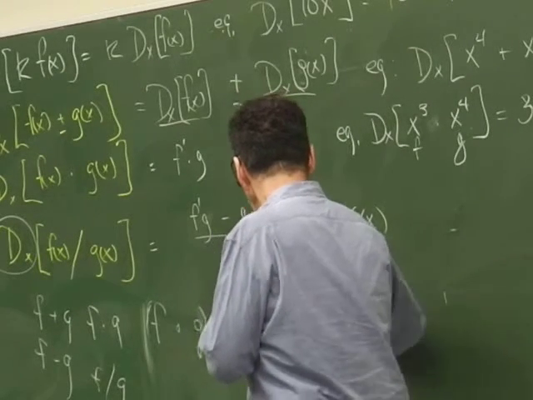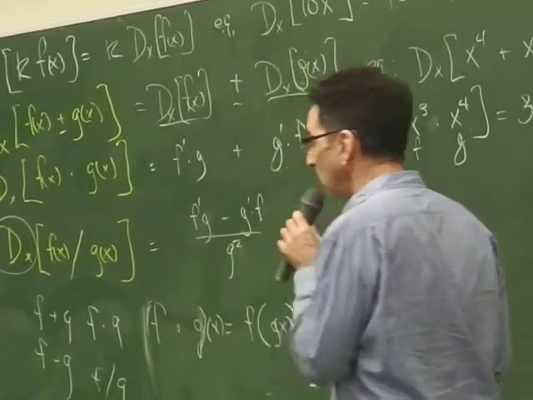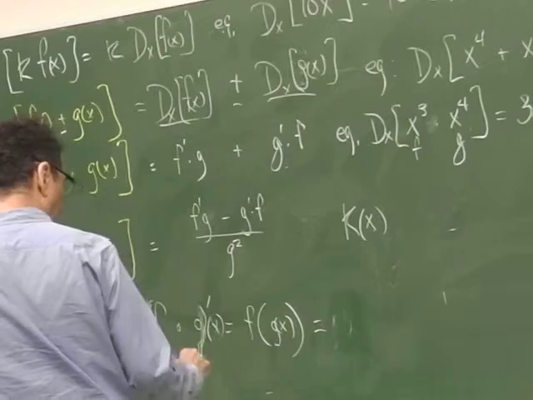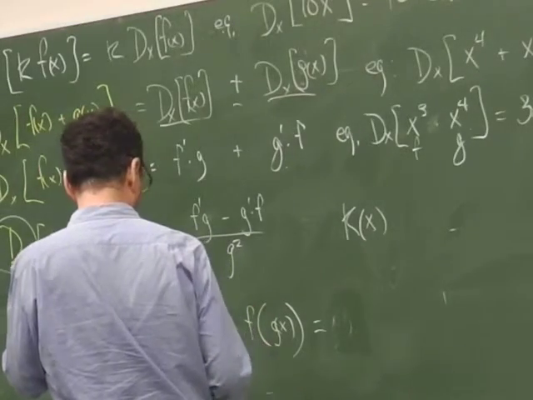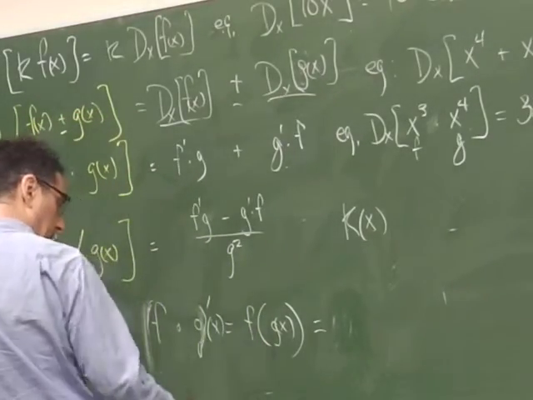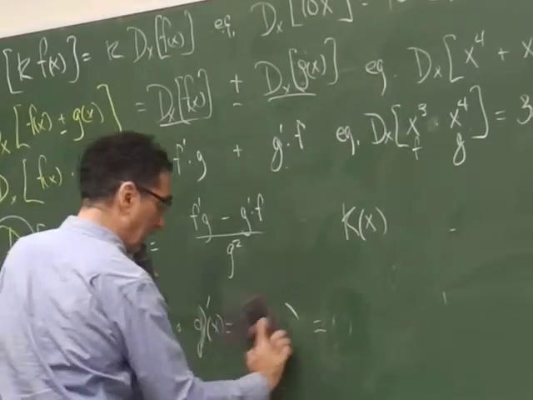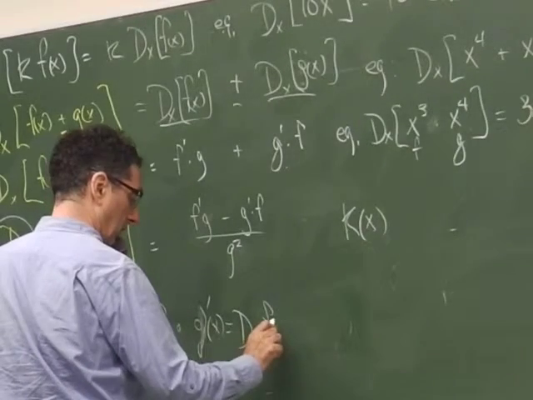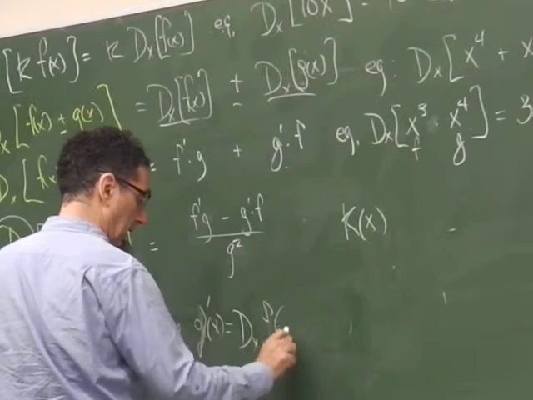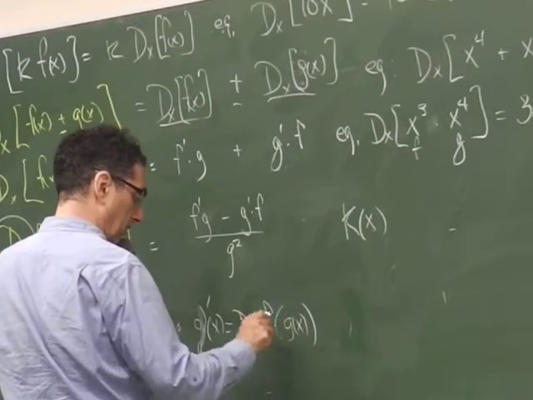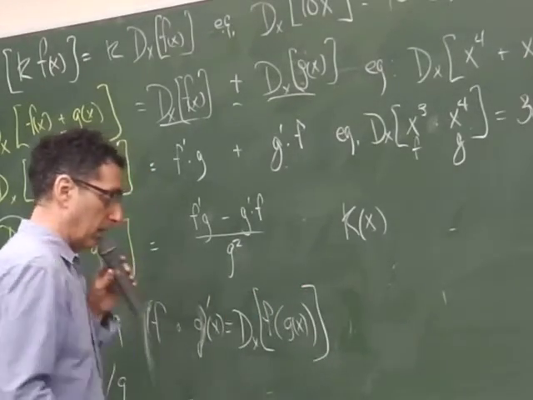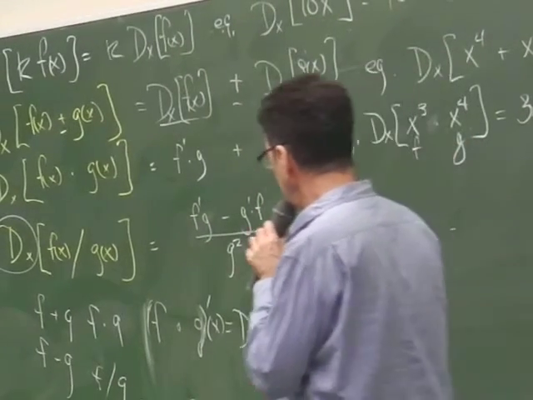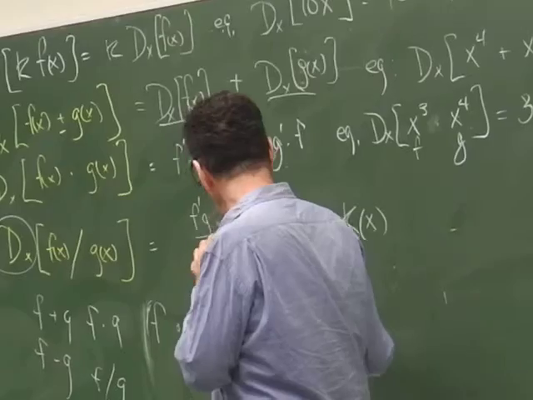Oh, I didn't give you the rule yet. So what's the rule for the derivative of that? Either way, you can write it like this or like this, but what's the rule?